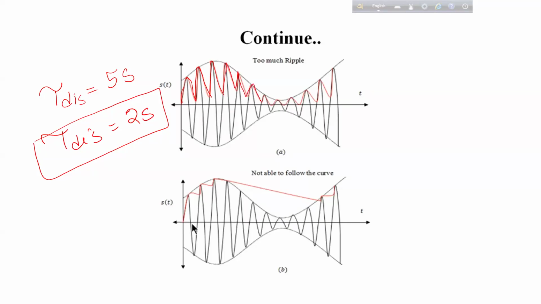It is increasing, decreasing, increasing, decreasing. So the overall curve is not following the envelope. There is a difference between the envelope and the output wave.